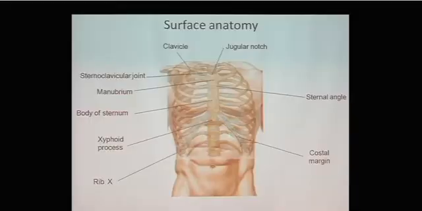So if you palpate laterally or away from midline, you can feel the second costal cartilage and then the second rib. So why do we care about that? Because below or inferior to that second rib is the second intercostal space. And that's an important landmark for auscultation of heart sounds, which we'll come back to in a bit. All right.